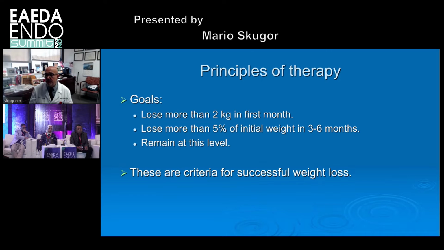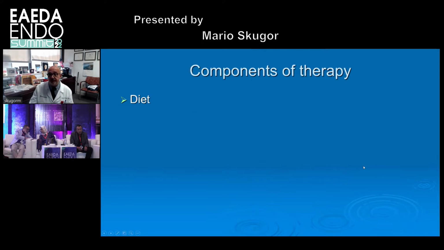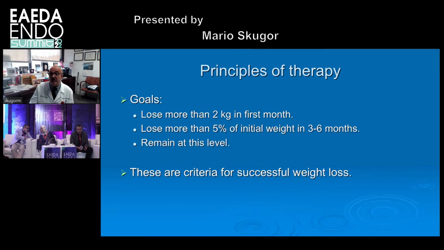If you lose 5% of the initial weight, you reap the metabolic benefit. We know that for sure. So from a medical professional standpoint, we would consider 5% weight loss a successful weight loss program. But the patients are usually not satisfied with this. They want to lose more.